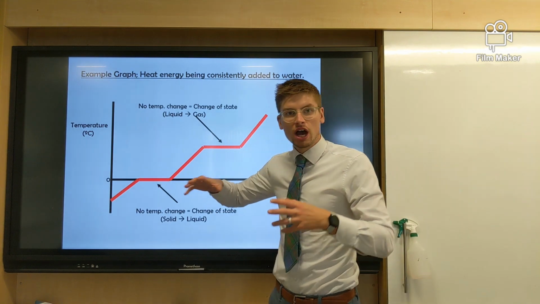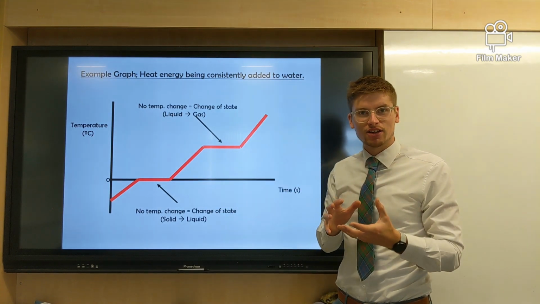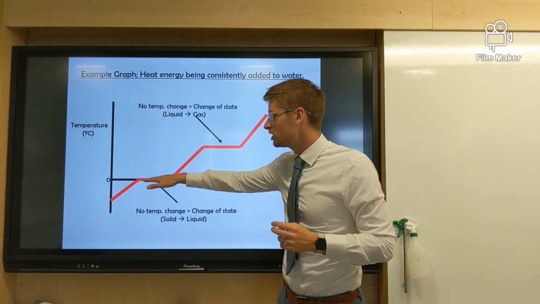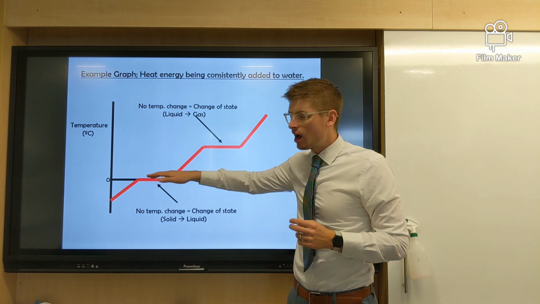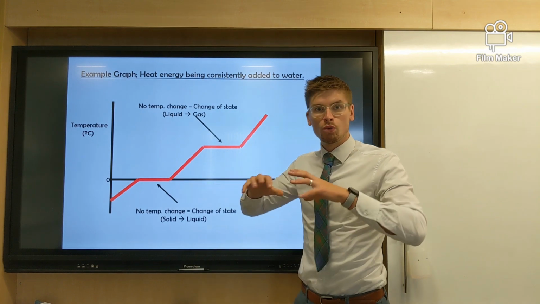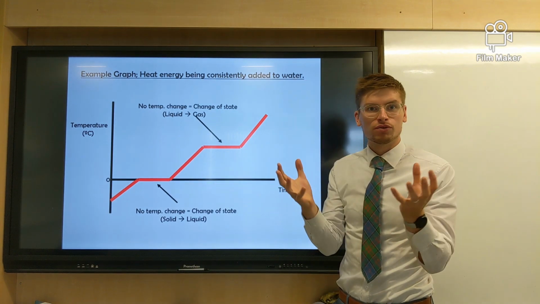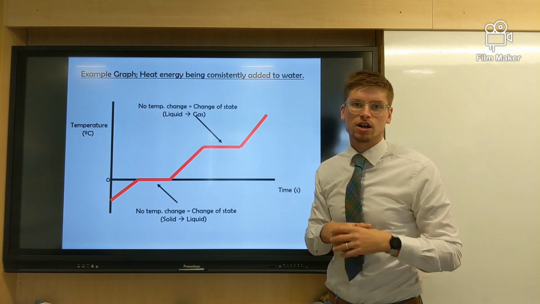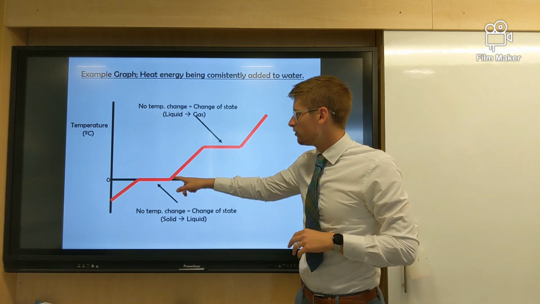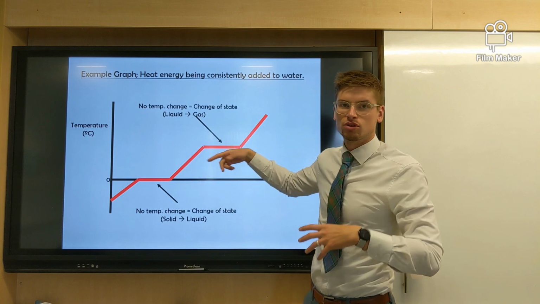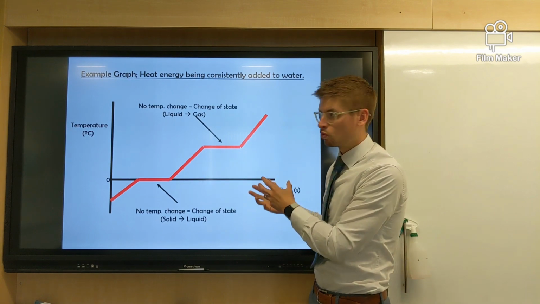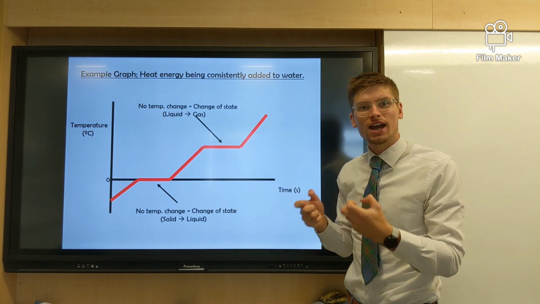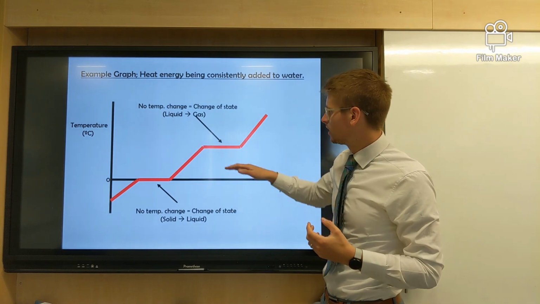But as the ice is changing state into water or liquid, we can see that the temperature does not change, it stays constant. Only when all of the ice has melted into water does it start to raise its temperature. We get to boiling point in this example, and all the water starts to change state into gas or steam.